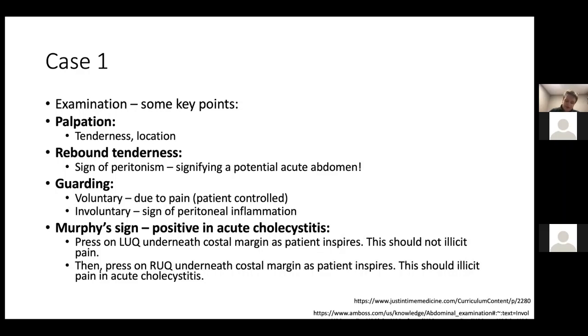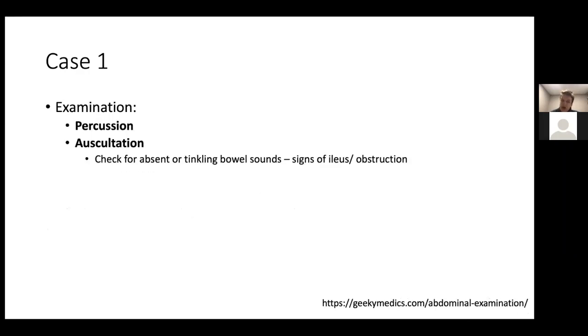Then you move to the right-hand side of the abdomen and do the same thing, but in acute cholecystitis, the patient should catch their breath and it causes an increase in pain. So that's an important sign to remember. Other points in examination are really important: percussion, auscultation, organ-specific palpation, things like that.